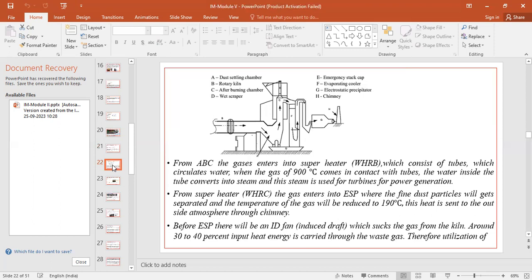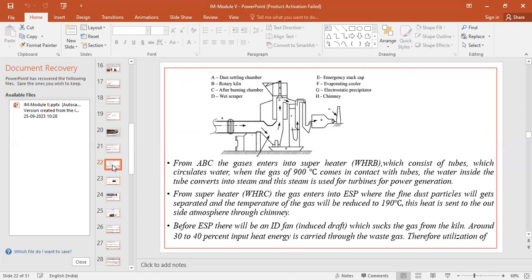From the ABC, the gases will enter into the superheater, that is the waste heat recovery boiler. WHRB we call it, a waste heat recovery boiler. That means you have boiler tubes, water circulating boiler tubes, where this clean waste gas will be allowed to fall onto these boiler tubes, and the water circulating in the tubes will convert into steam because of the heat transfer concept.